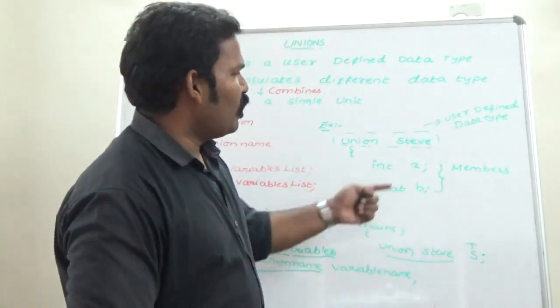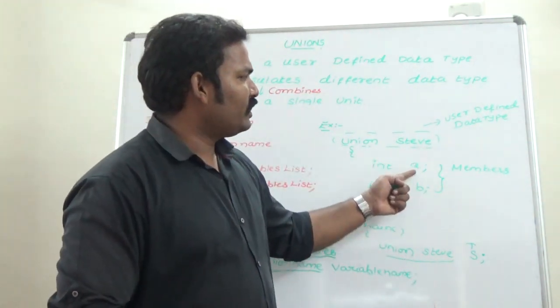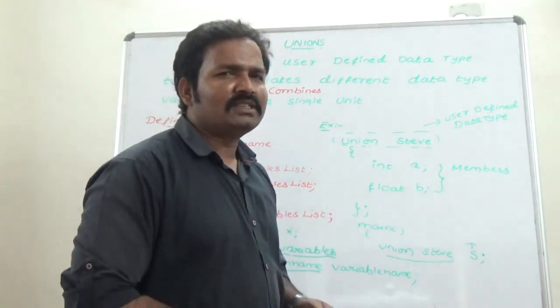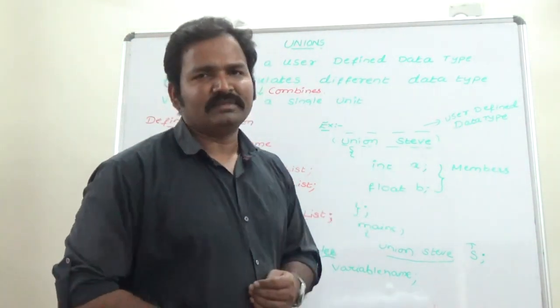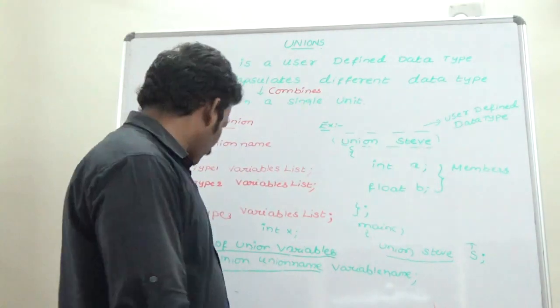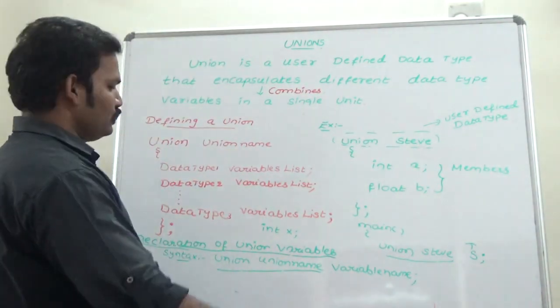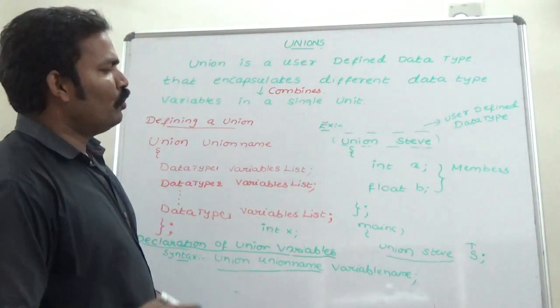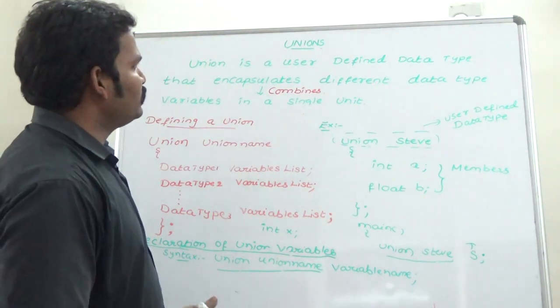How much memory is allocated for these union member variables? 4 bytes. So for this union, 4 bytes of memory will be allocated.